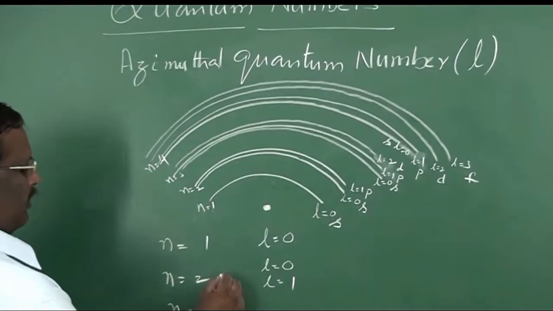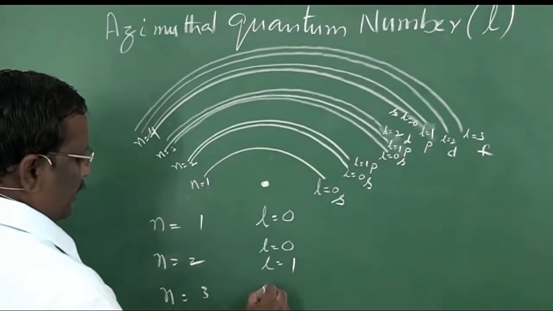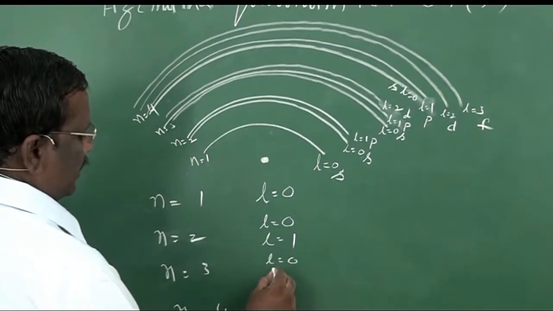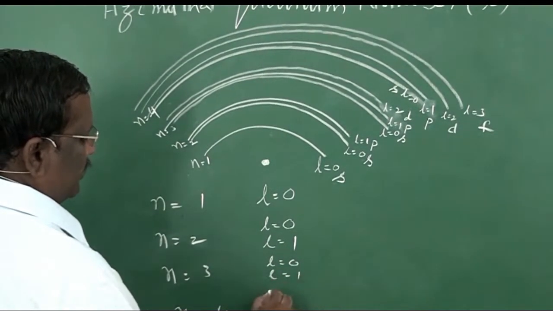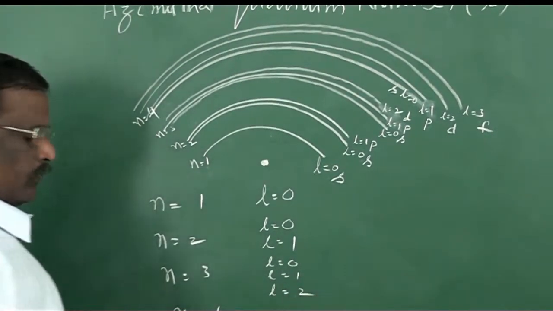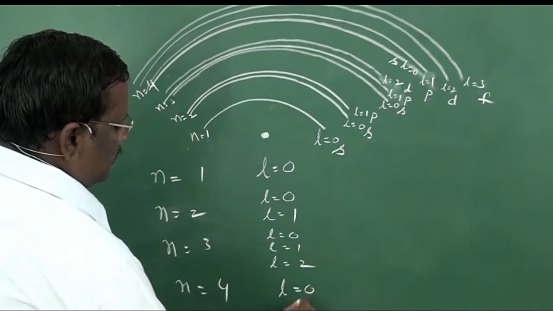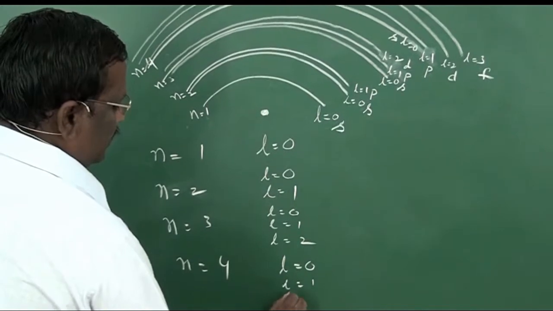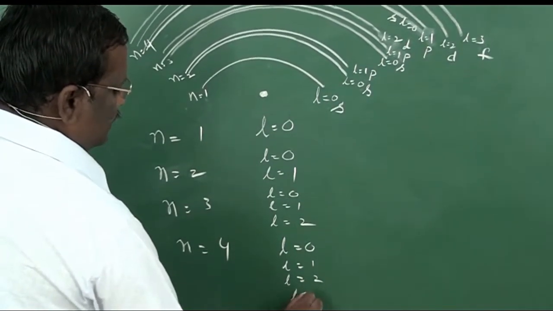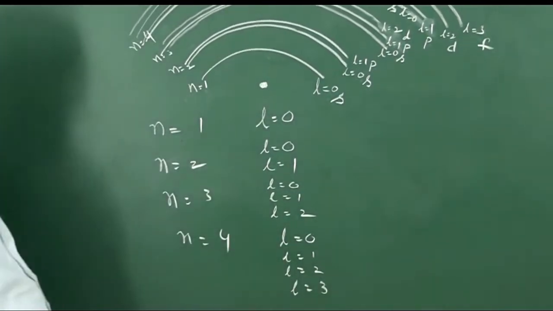For the third energy level, you have three sub-energy levels, l is equal to 0, 1, 2. For the fourth energy level, you have four sub-energy levels, l is equal to 0, 1, 2, 3.